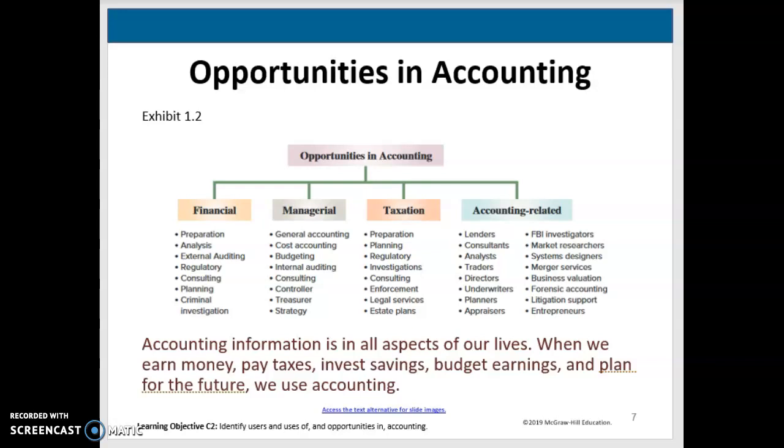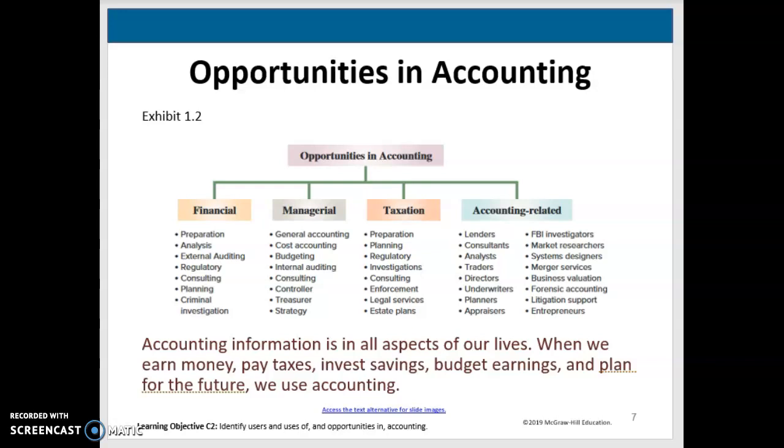But the point I want to maybe stress is that when we think about the opportunities that are available in accounting, they are vast. Accounting covers so many different areas, and the one thing to remember is that with any company, whether you are an accounting major or a business management major, whether you're in entrepreneurship, marketing, or whatever you may be majoring in, any business has an accounting department.